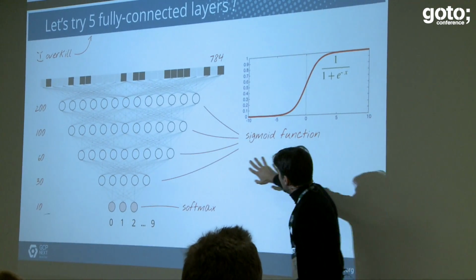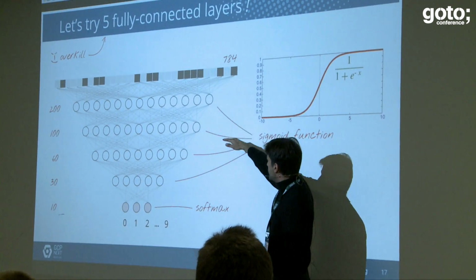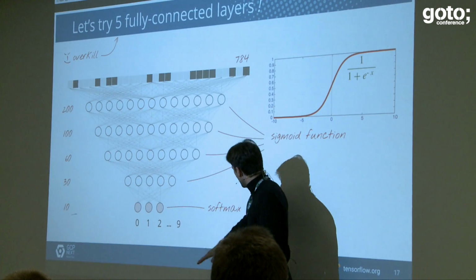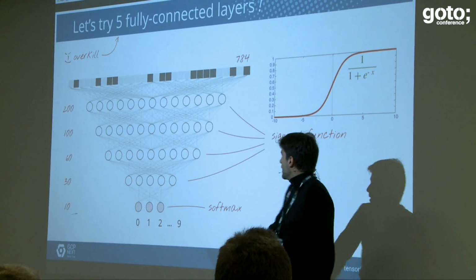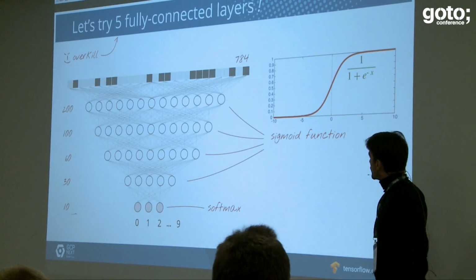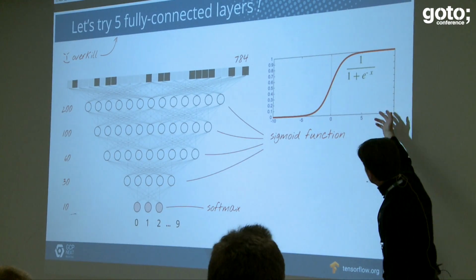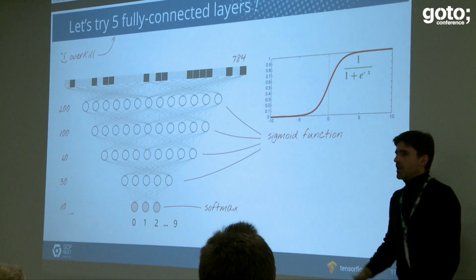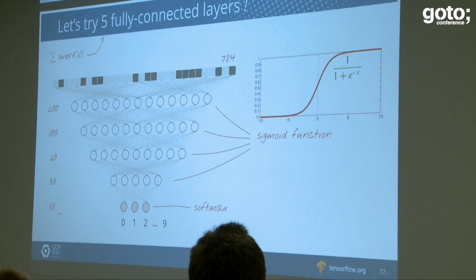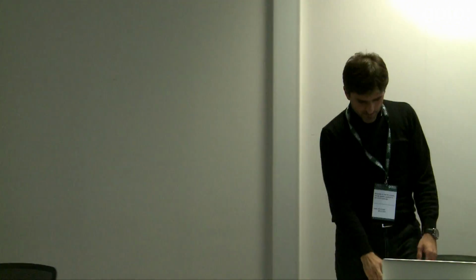Now, we will change the activation function for the intermediate layers. Actually, softmax is really good only on the last layer. And the very usual activation function is the sigmoid, which is a pretty boring function that goes from 0 to 1, but that is non-linear. That's the main property we're looking for.